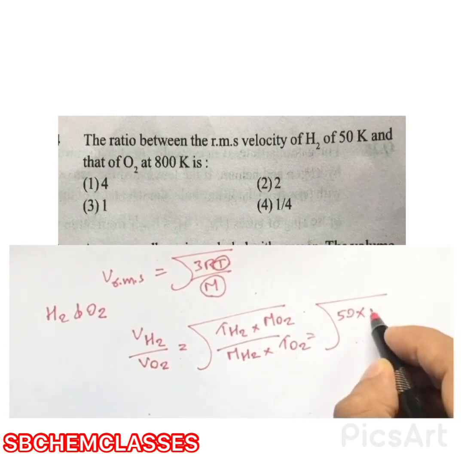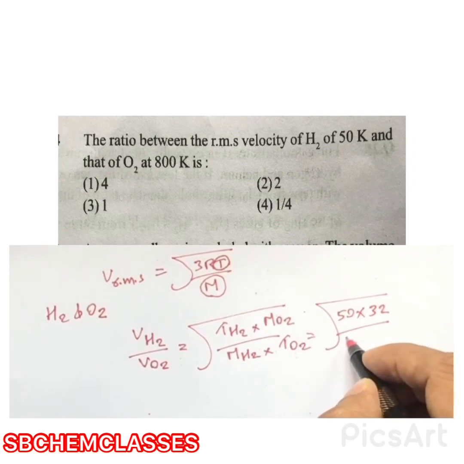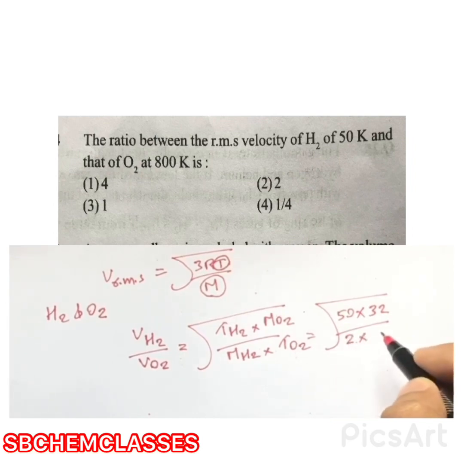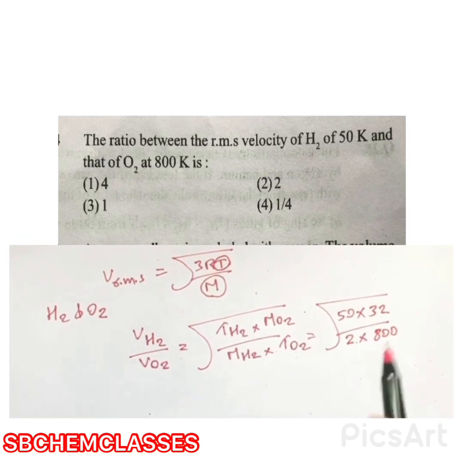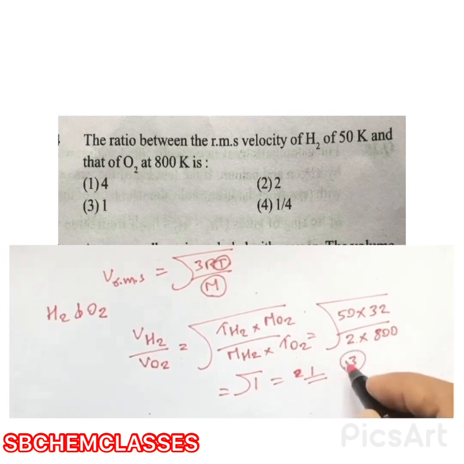Molar mass of O2 we know 32. Molar mass of H2 is 2 and temperature of O2 is 800. By calculation, 2 into 800 and 50 into 32 are same. So, root 1. So, that answer becomes 1. That is option 3.